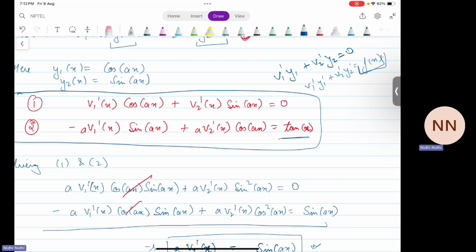Okay, so next we'll again see another equation that could be solved using the method of variation of parameters.